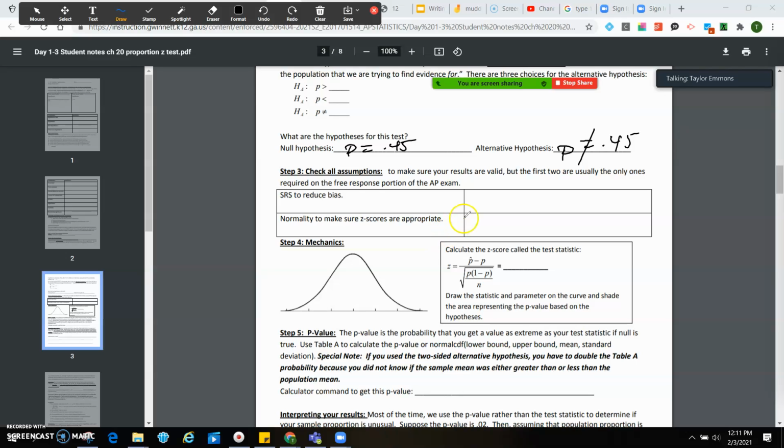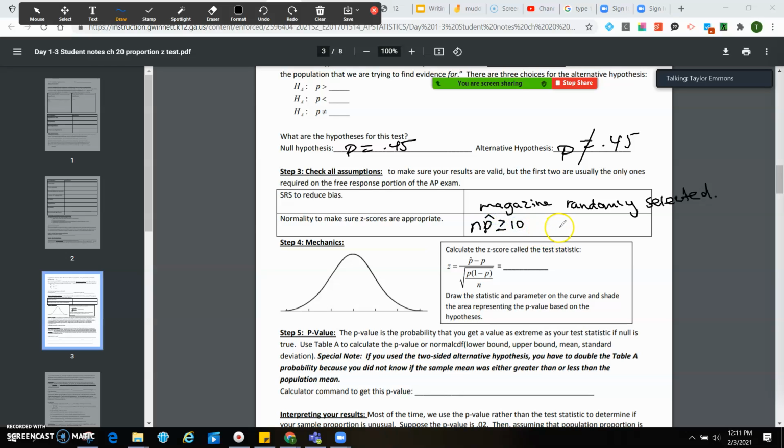So the first one is we do a simple random sample to reduce bias. It said that magazines are randomly selected, and you can actually go back to the original problem and see that it says random sample. Normality is going to be that n times p hat, and we're trying to check and see if it's bigger than 10.